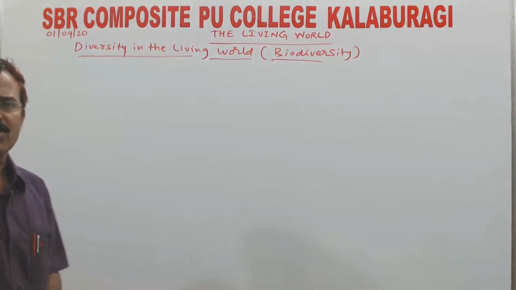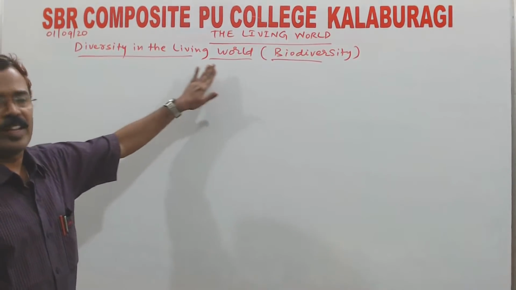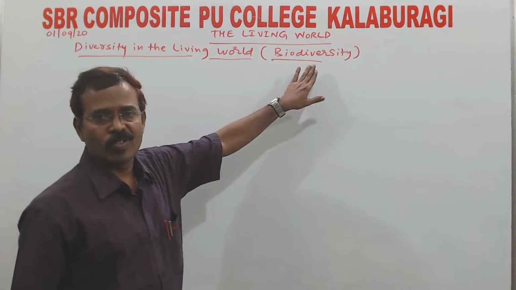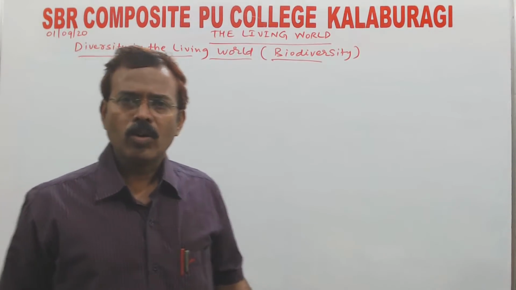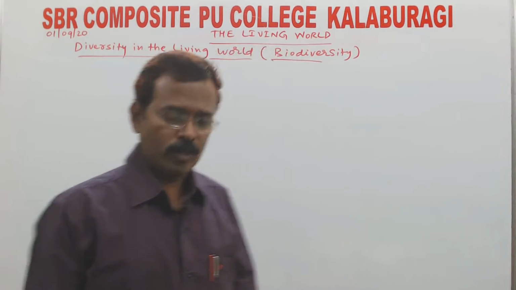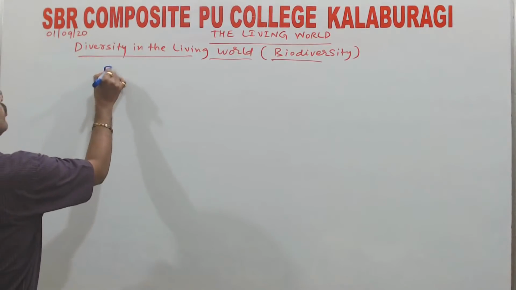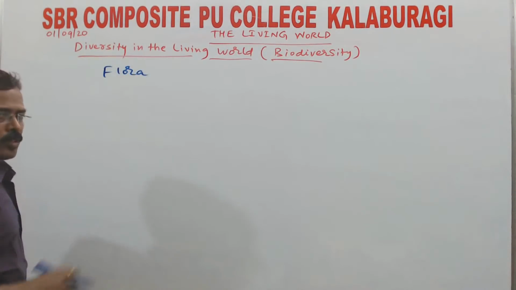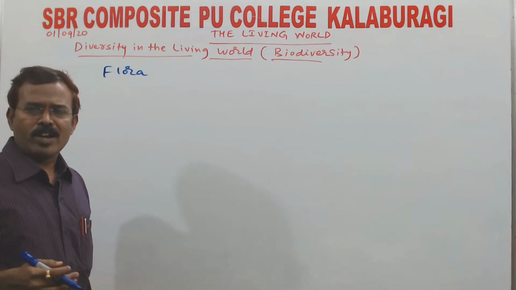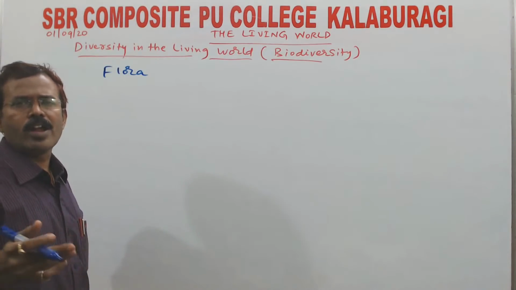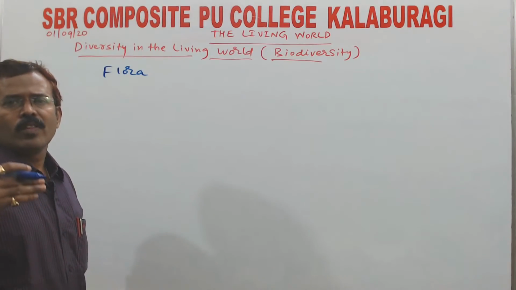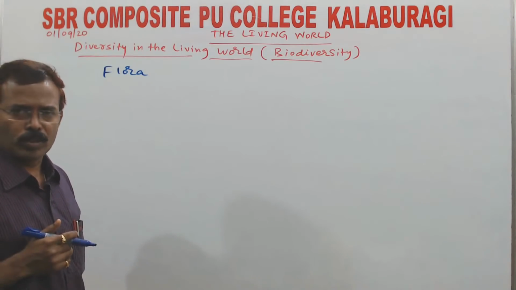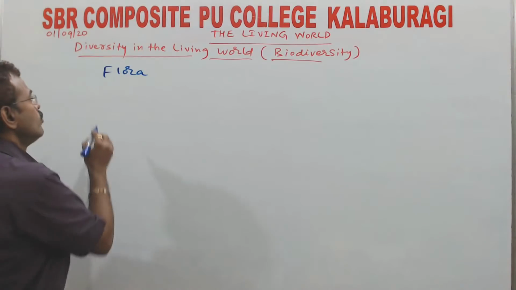So today's concept: diversity in the living world, or what we say, biodiversity. We have a rich heritage of flora, plants, a variety of plants, right from multicellular algae in aquatic habitat, bryophytes, pteridophytes, then gymnosperms and angiosperms.